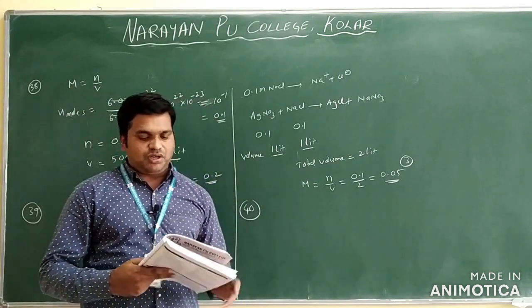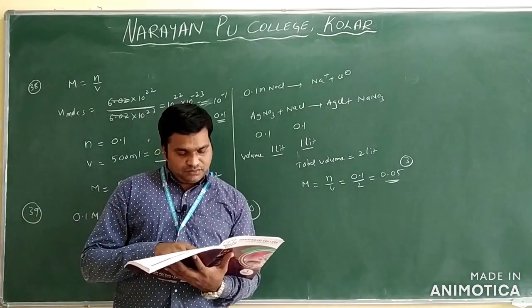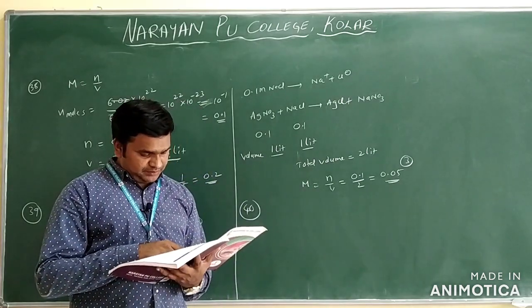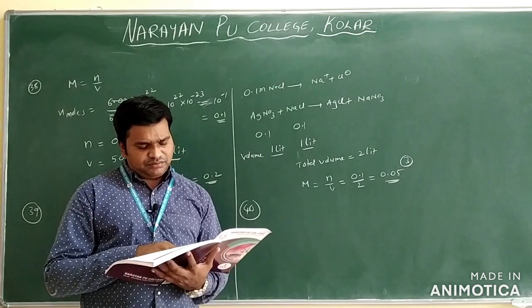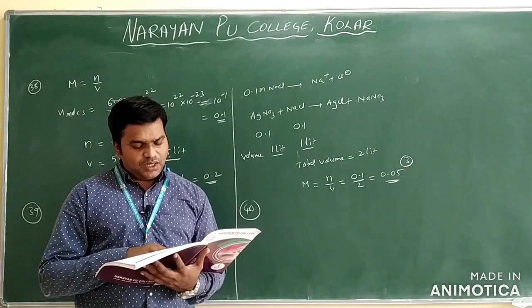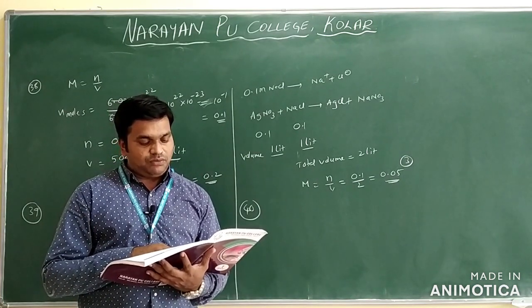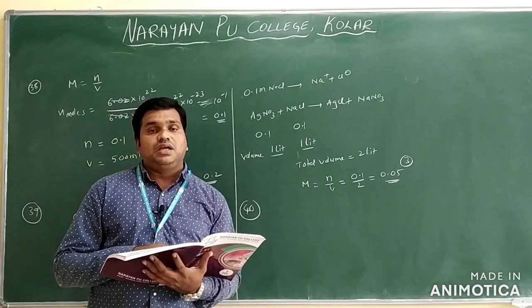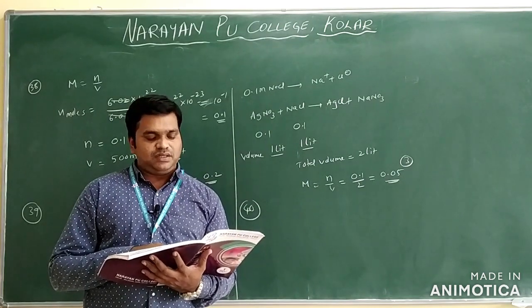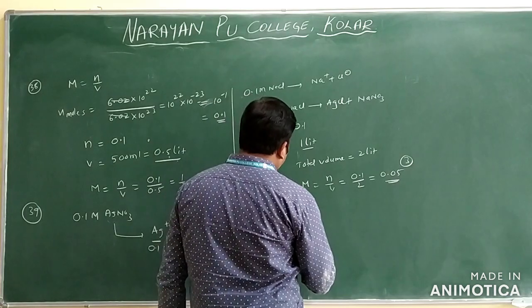Next you can see the question number 40. The volume of water that must be added to a mixture of 250 ml of 0.6 molar HCl and 750 ml of 0.2 molar HCl to obtain 0.25 molar solution of HCl only. This is the molarity of the mixture. What is the formula for the molarity of mixtures you can write generally?